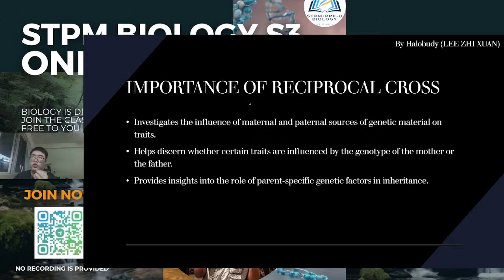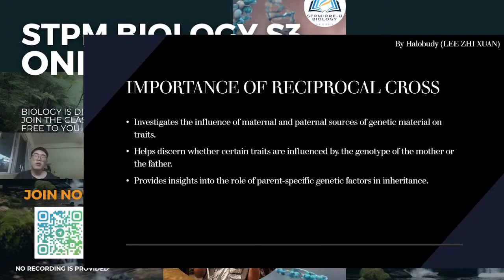Although the genotype is totally the same, maybe there is some genetic material in the sex gene that will affect the phenotype. It also helps to discern whether certain traits are influenced by the genotype of the mother or father.